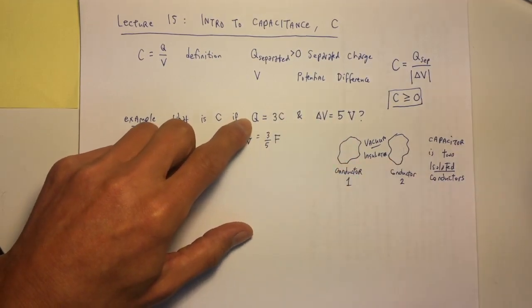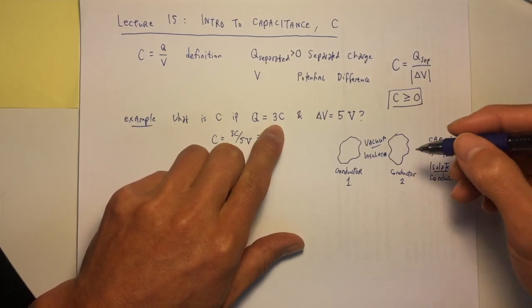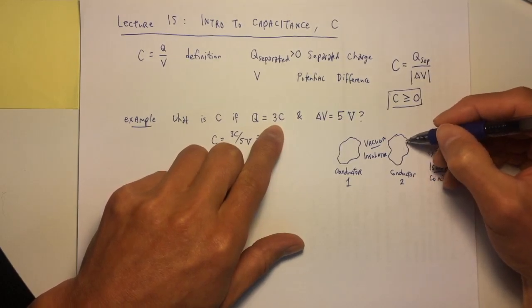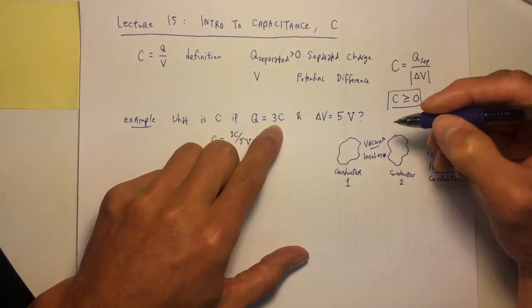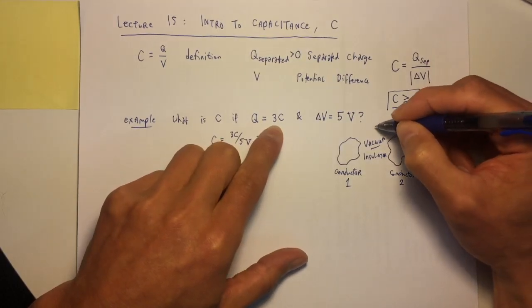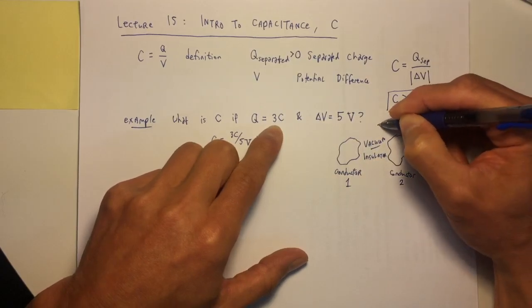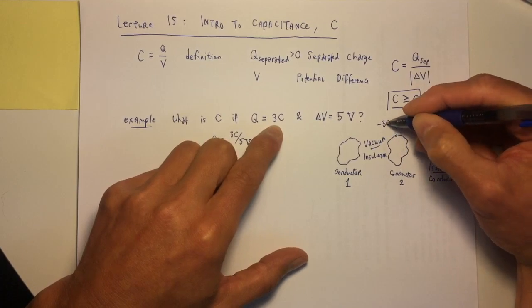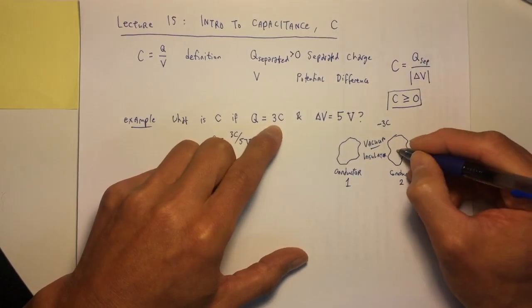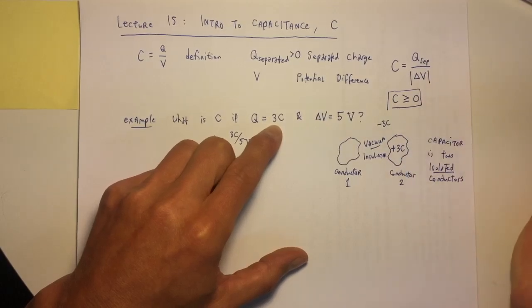So I could imagine setting up this charge separation by going into conductor number 2 and removing 3 coulombs of electrons. If I take the 3 coulombs of electrons away from this conductor, what's left over is a charge of positive 3 coulombs.